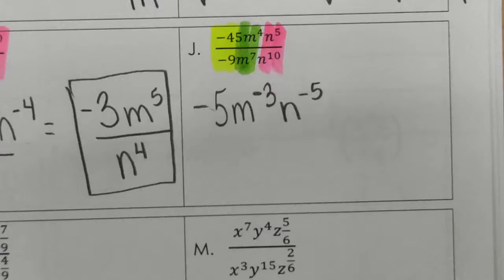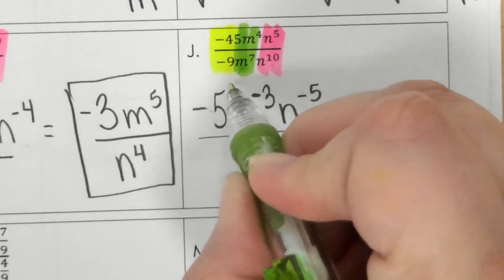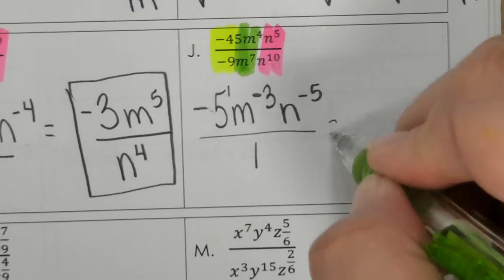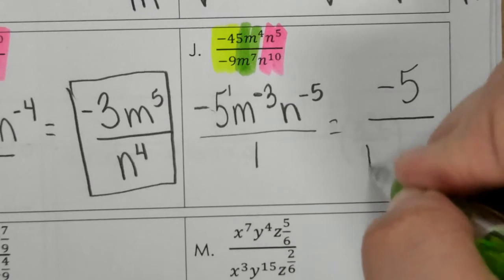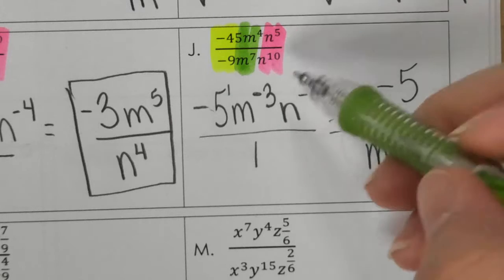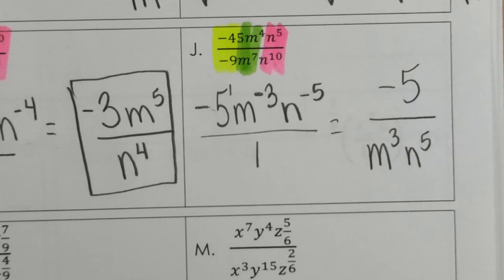So again, remember, we're just looking at our exponents. So for the negative 5, it has a positive 1. I'm going to leave that in the top, or in the numerator. M will move to the bottom, become positive. N is negative, so it'll move to the bottom and become positive.